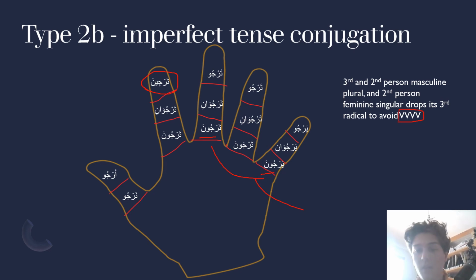I should mention that usually, when verb forms have to shorten vowels to make the syllable structure correct in Arabic, they tend to drop the root letters of a word as opposed to the verb ending.